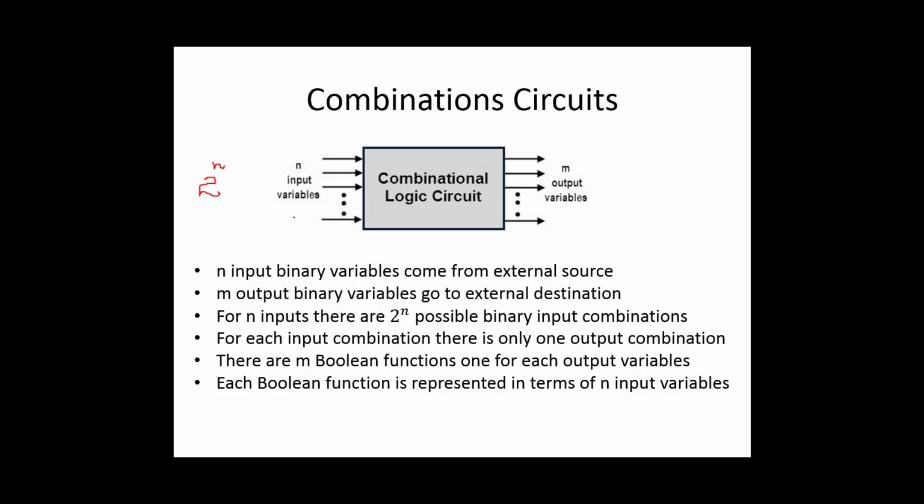Every combination is a binary combination of input, and each output corresponds to one Boolean expression. Each output corresponds to one Boolean function. So if there are m output variables, then there are m Boolean functions, and each function is of n variables.